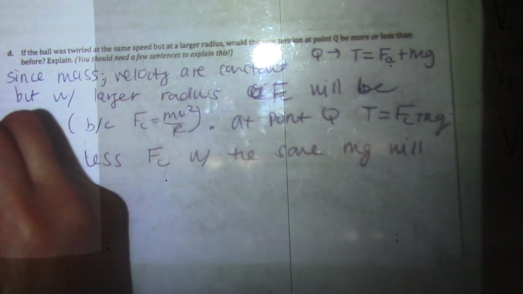So since this Fc will be less, at point Q tension is Fc plus mg. So less centripetal force with the same mg will be less tension.